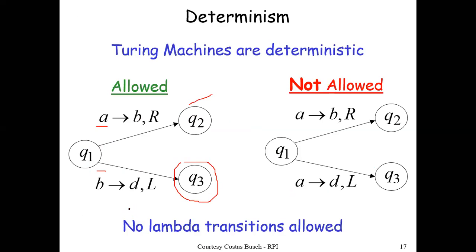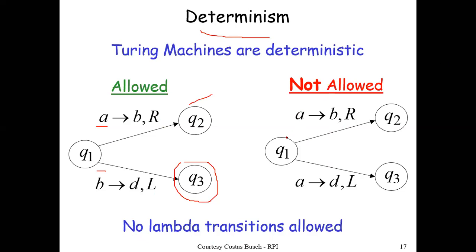You cannot take any lambda transition to move on, by default on the standard Turing machine. Later on, we will move to another Turing machine where we can allow lambda transition. We may allow another type of transition, but the standard Turing machine does not allow lambda transition. We can design such variants of Turing machines later on, but the standard Turing machine does not allow lambda transition, and a standard Turing machine is deterministic by default.